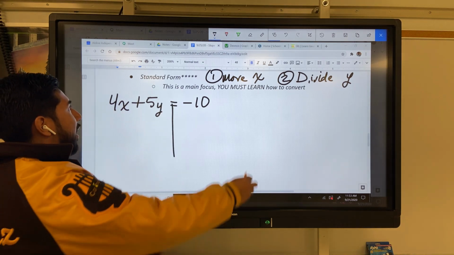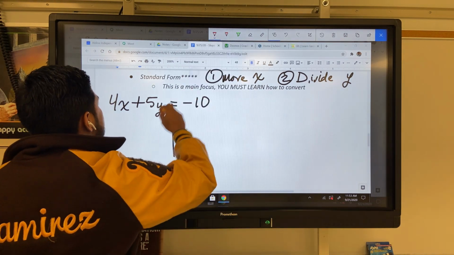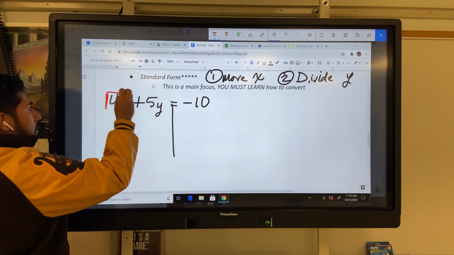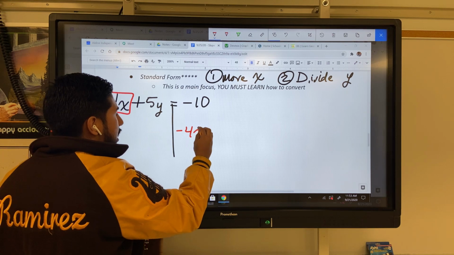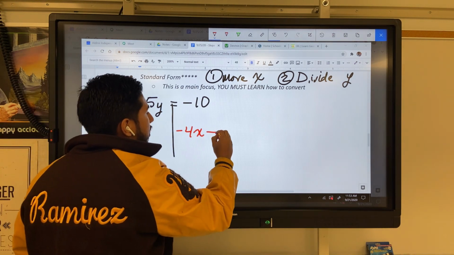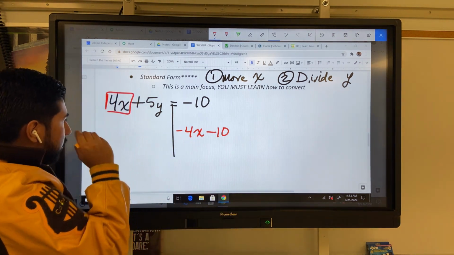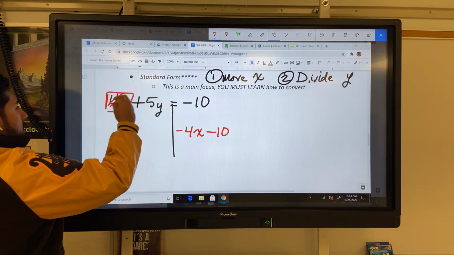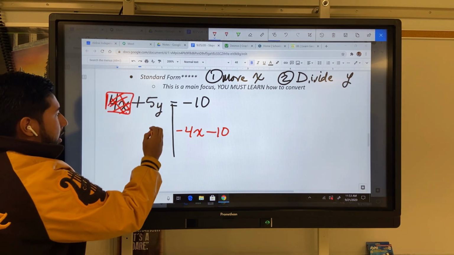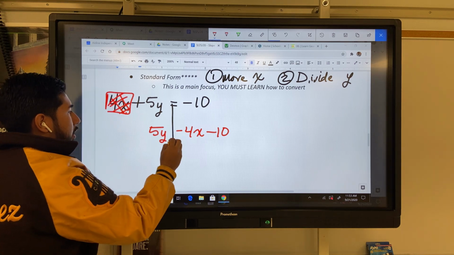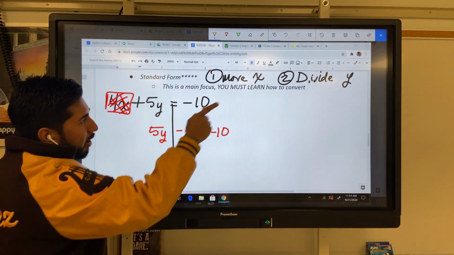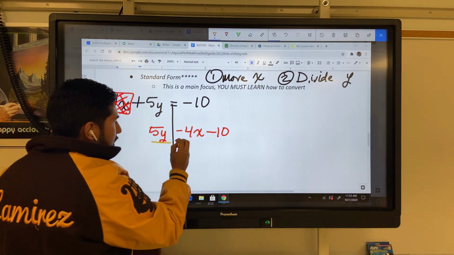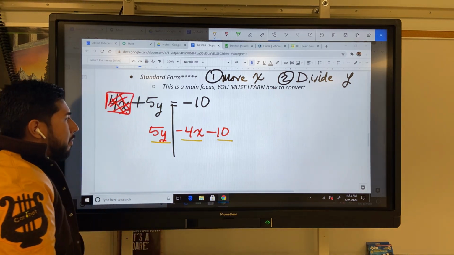Moving my x value. In this case, my x value is 4x. Moving that over turns into a -4x, bringing down that -10, or negative 10. Crosses out, bringing down this 5y. Next, I need to divide. What do I divide by? I divide my y. Who am I dividing by?